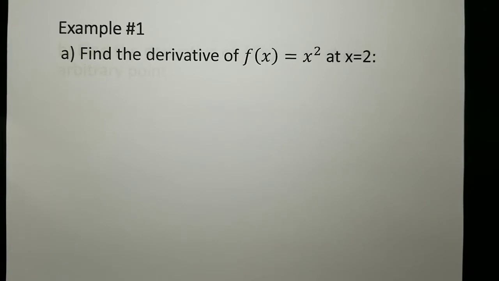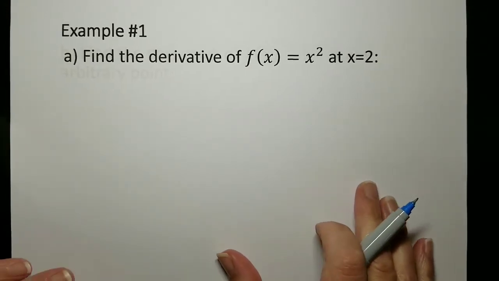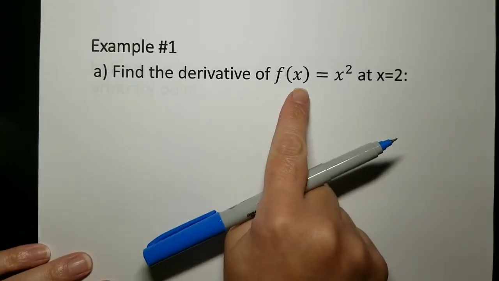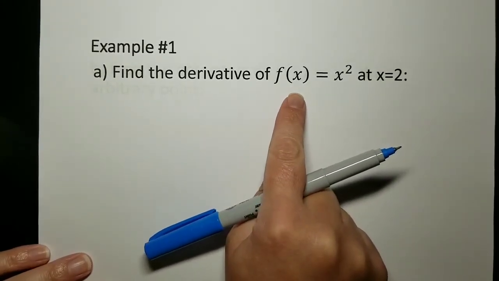So let's try this with an example. We want to find the derivative of f of x equals x squared at x equals 2. Because I have function notation here, I'm going to use Newton's notation.